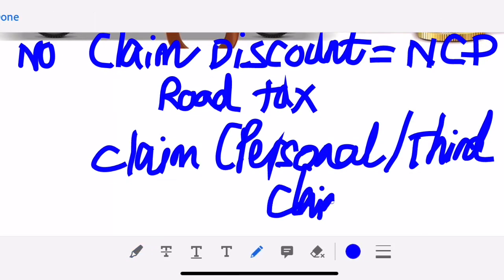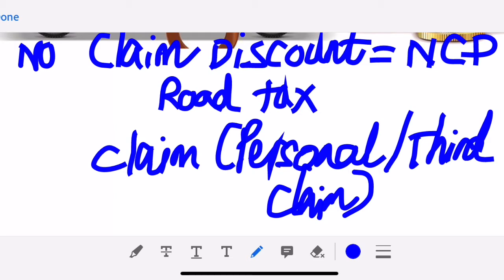If there is a claim made against the policy, then the NCD eligibility will be lost.